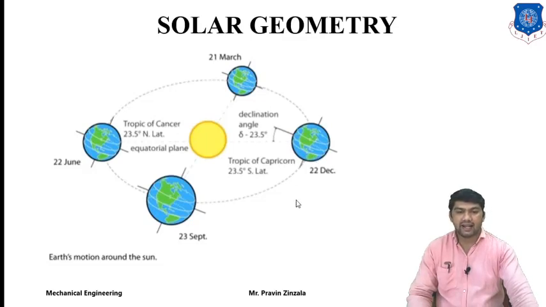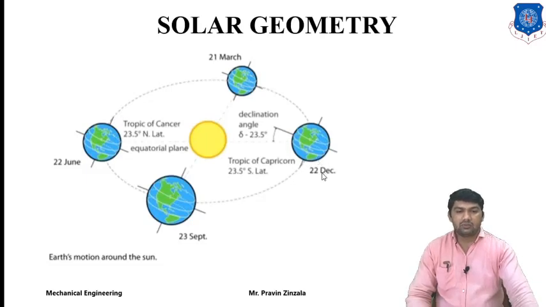At different positions, the Sun has a different intensity on Earth because of the continuous rotation of Earth, and its orbit is almost elliptical.